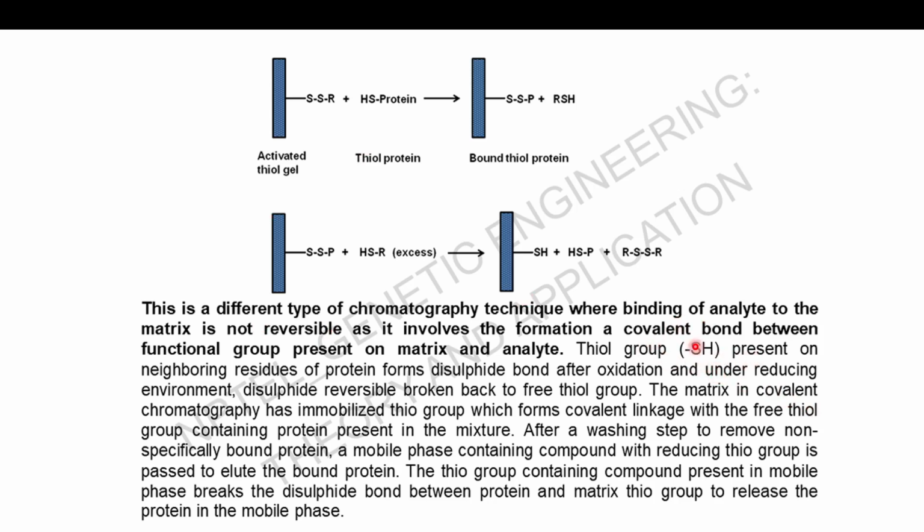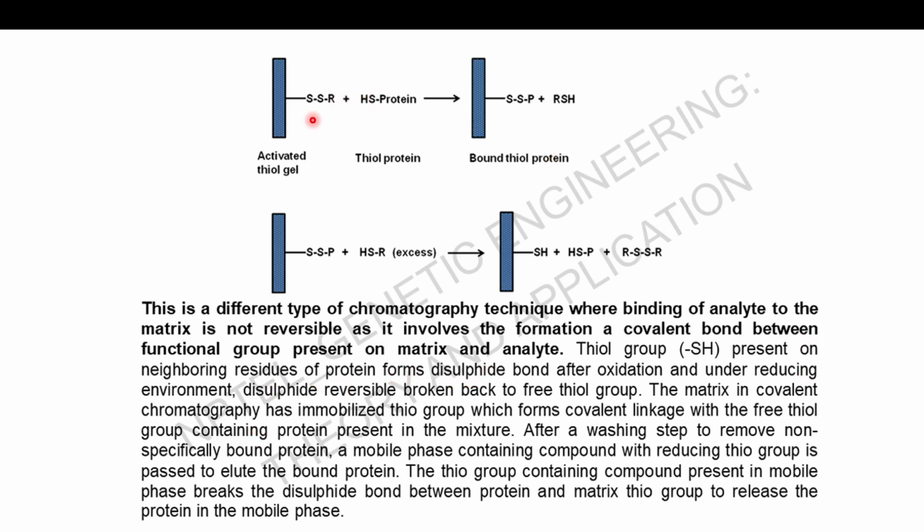But in this case, a thiol group is present on the neighboring residues of a protein like SSR. This is the thiol group that we are talking about, this is the protein, and this is a thiol gel having SSR group attached to it. And the thiol group, this SH group present on the protein, can form a disulfide bond after oxidation, right?